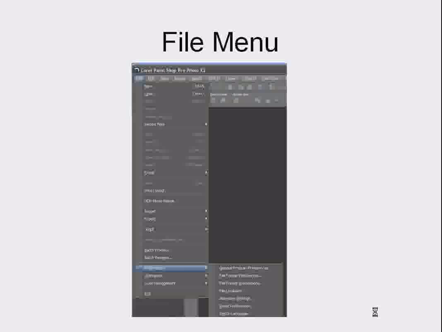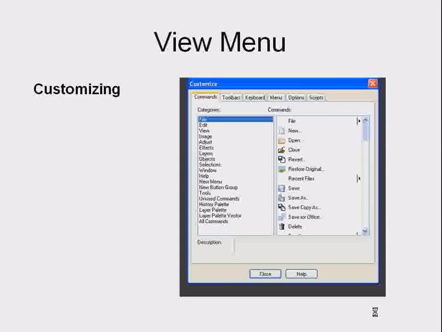Some other things that you want to be aware of within PaintShop Pro is that it is very customizable. If you go to the File menu and select Preferences, you will see that there are many different types of preferences that you can set to customize the software to your needs. If you select settings such as General Program Preferences, you can make many different modifications.